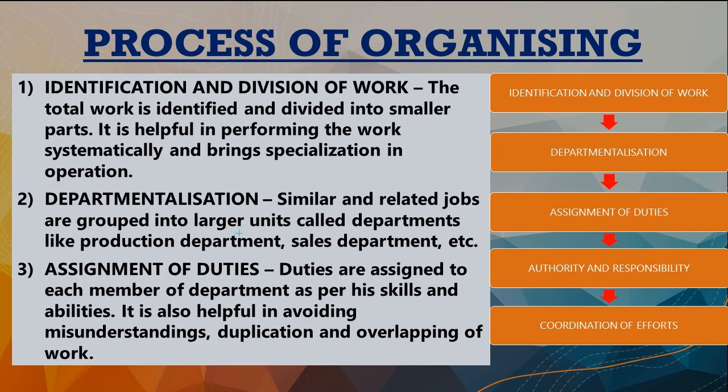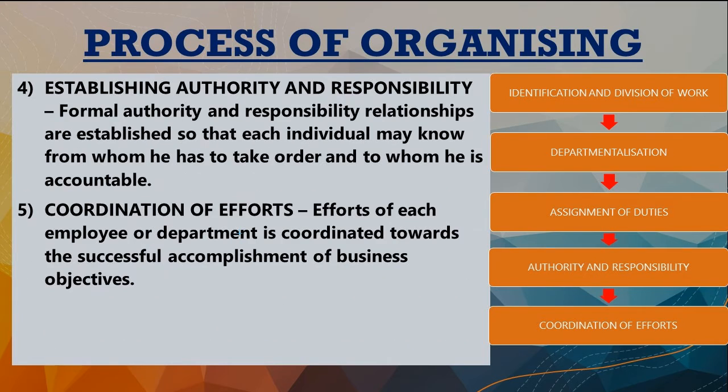This not only eliminates confusion but it also helps in bringing out the best performance. So we can say that assignment of duties is also helpful in avoiding misunderstanding, duplication of work and overlapping of work. Next is establishing authority and responsibility.